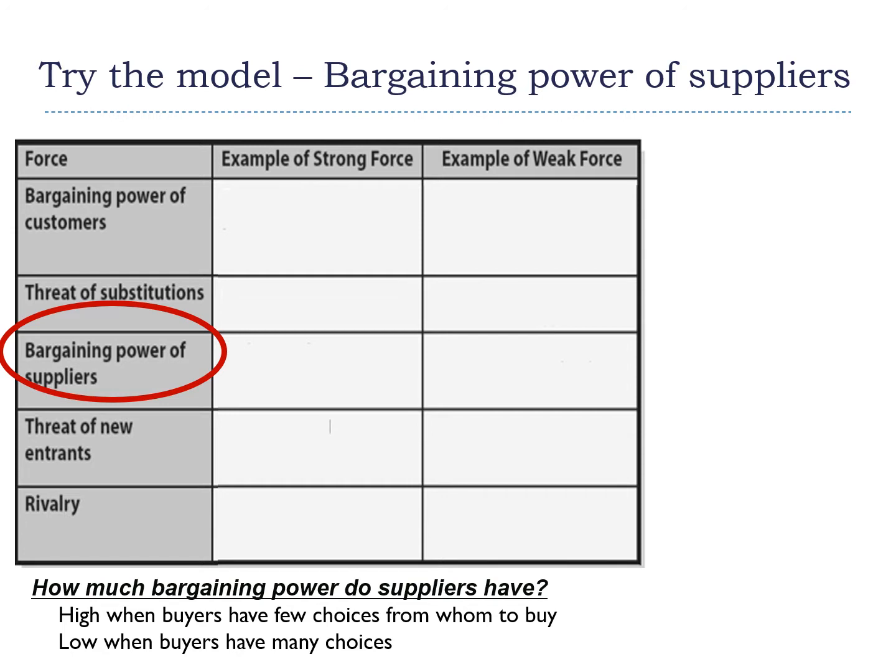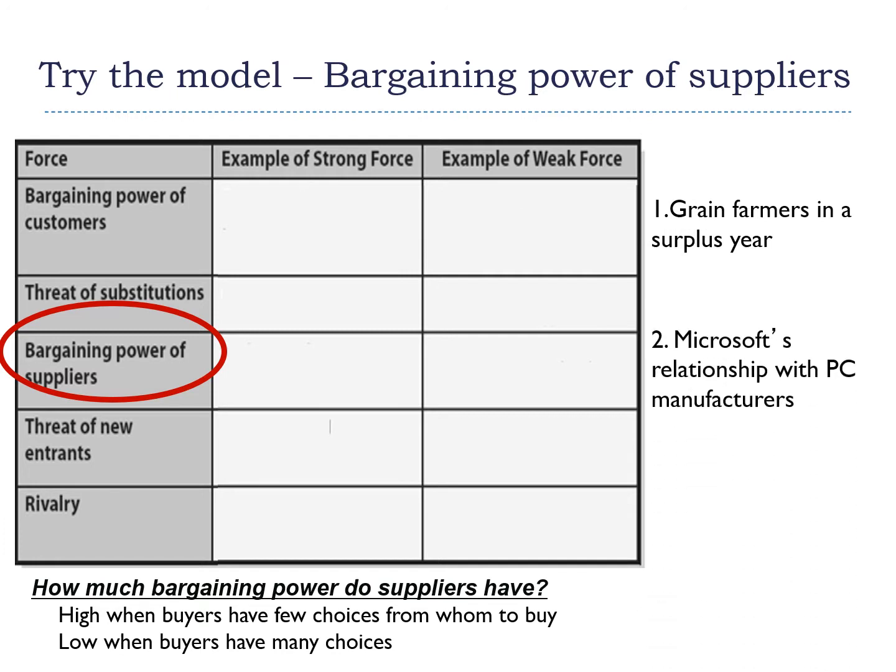Let's think about how much bargaining power suppliers have. There are 3 examples. Grain farmers in a surplus year. Microsoft's relationship with PC manufacturers. And students purchasing gasoline.